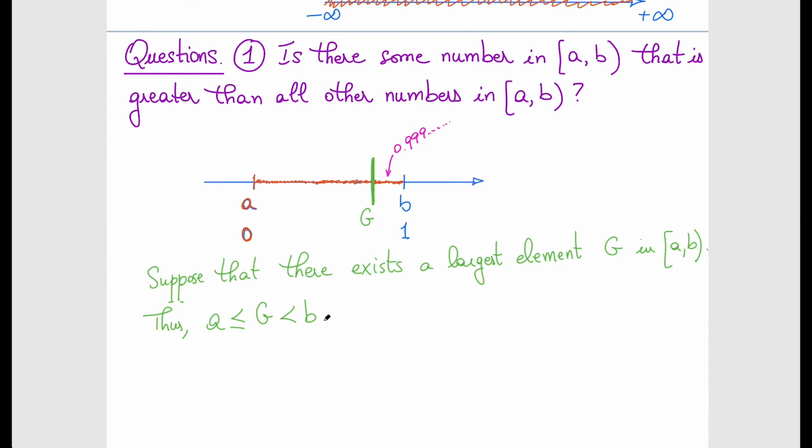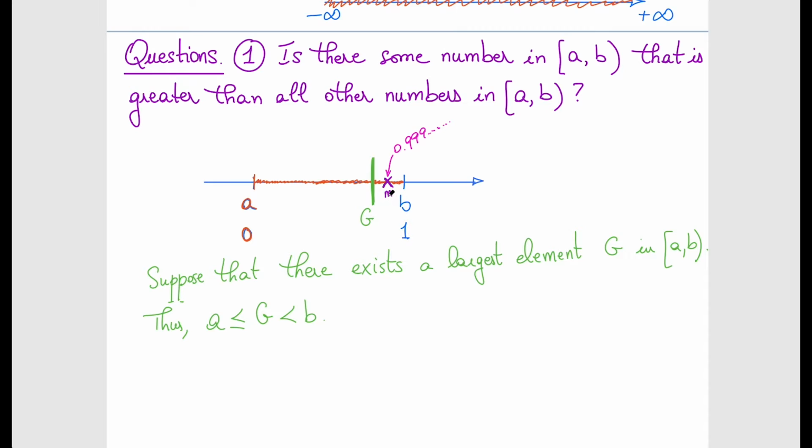Okay. Then what can we say? Let's create a number between G and B. How about the midpoint, halfway? How about the midpoint between G and B? Let's call this number M for midpoint. Okay? So this number actually can be found.